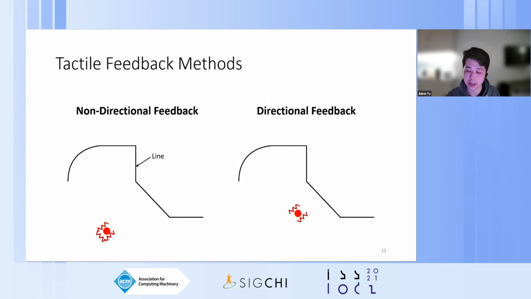Directional feedback, on the other hand, tries to direct the user in a certain direction, following the shape of the line, to return to the line. An example of this can be seen on the screen now. You can check our paper for further information on how both feedbacks have been implemented.